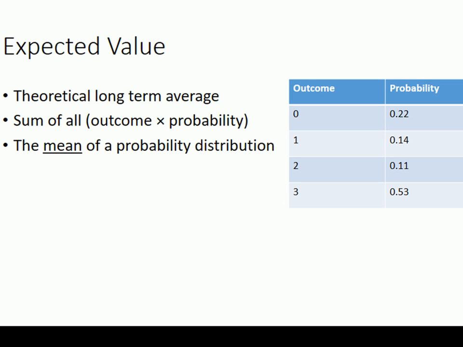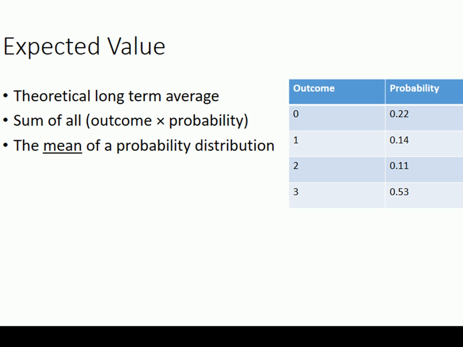What I mean by that is, if we were to imagine the four-sided die that is displayed here, which comes up as 0, 1, 2, or 3 with those associated probabilities. If you were to roll it again and again, forever, and then take an average value, that would be the expected value, the average of all of those rolls.